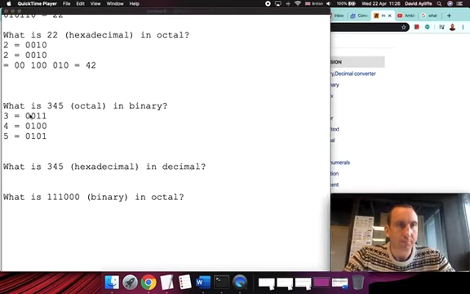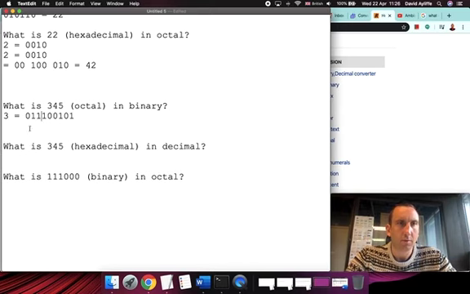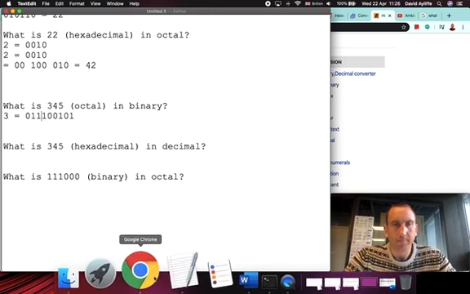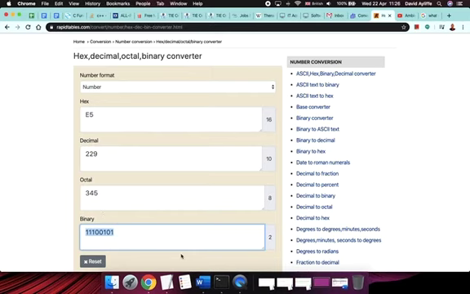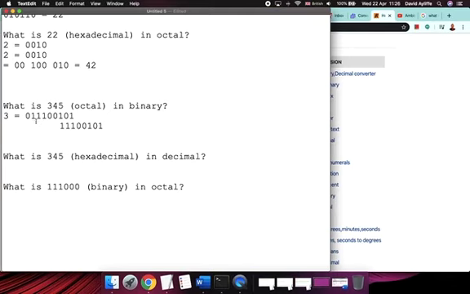Now, of course, because this is octal, we don't need the most significant bit. So this is 3, this is 4, and this is 5. And then, if we put all of these together, 345 in octal, we don't need the most significant bit.